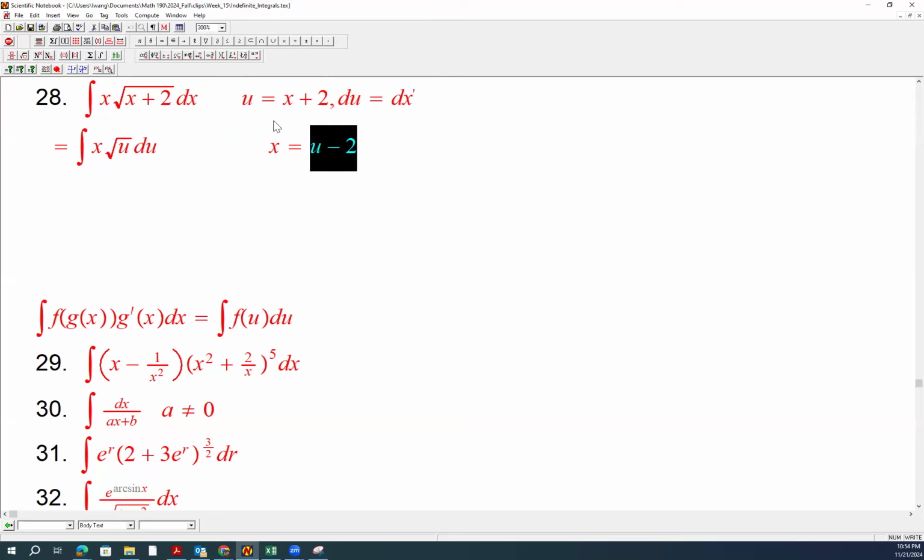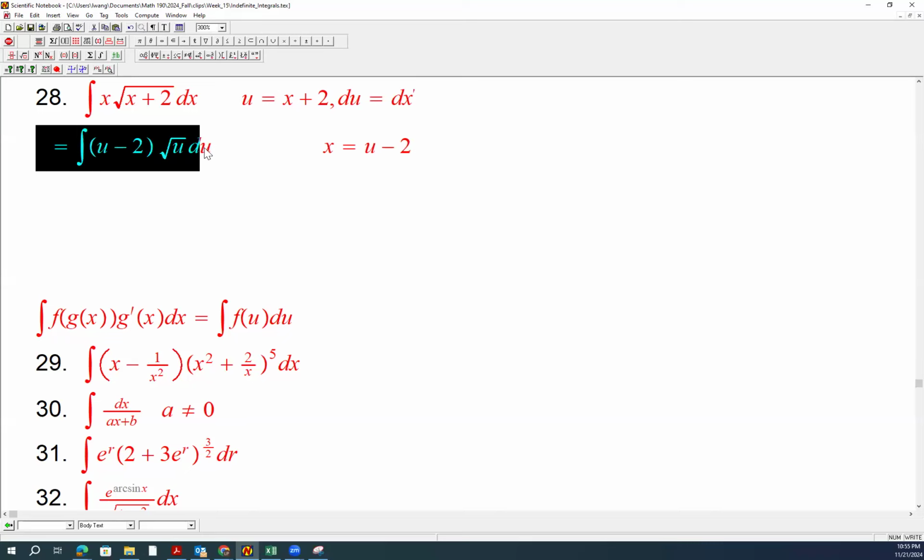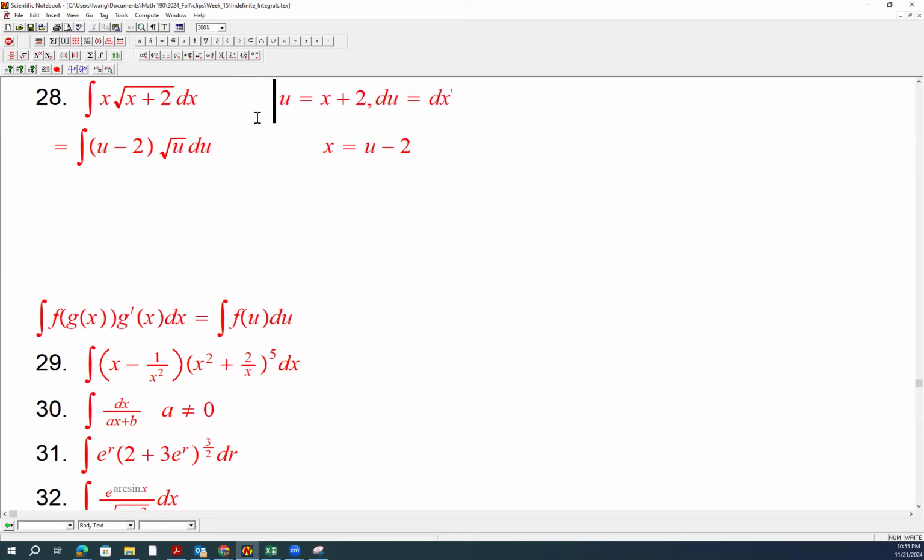So we're going to take u minus 2 to replace x. So now it's entirely replaced in terms of u. You see that? I think this part might be the hard part.